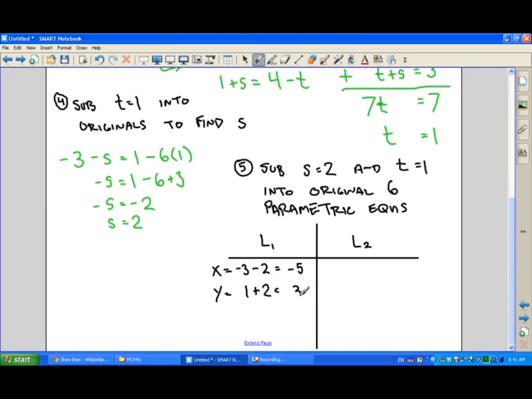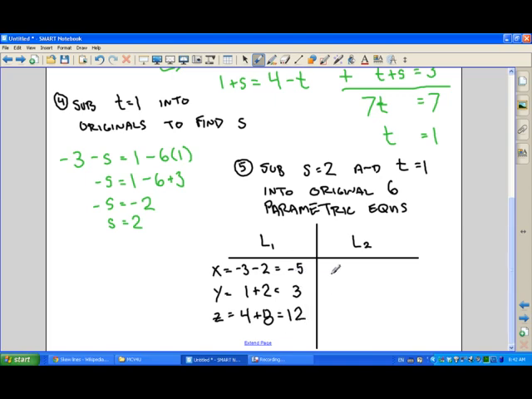That equals 3. My z parametric equation was 4 plus 4 times s, or 4 plus 4 times 2. So for line 1, using an s value of 2, I get a point of negative 5, 3, and 12.